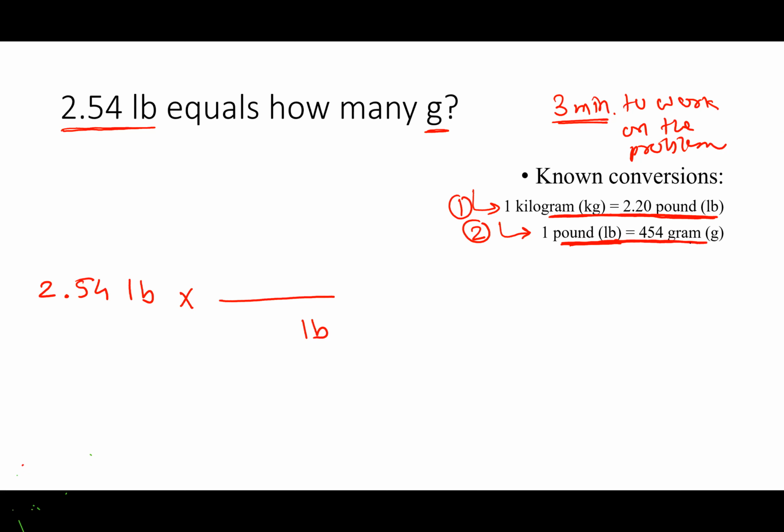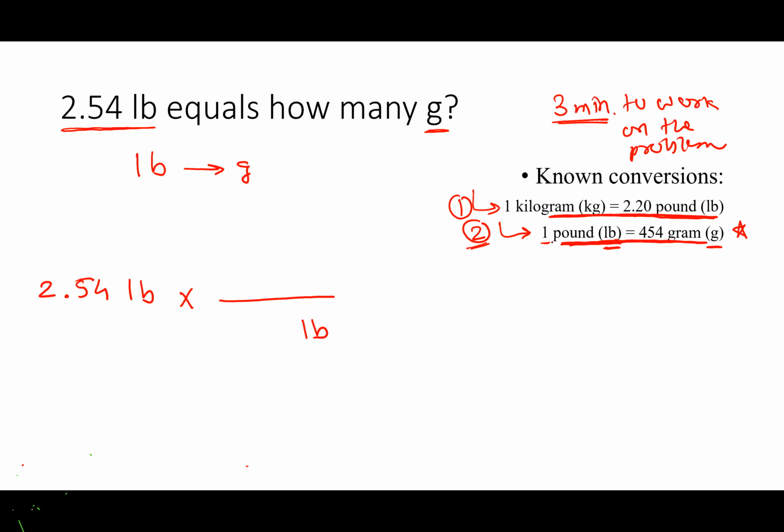In this question, all you have to do is convert this pound into the gram. If you look at the second conversion factor, we have the pound and we have the gram. It means simply by using conversion factor number 2, you should be able to answer the question. Once we know that we are going to use the second equality factor, we are going to put the LB or pound in the denominator so that we can cancel out the given unit.